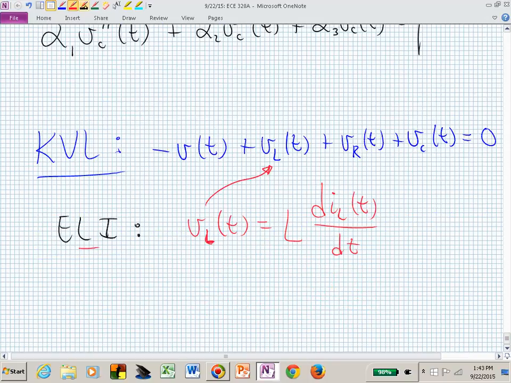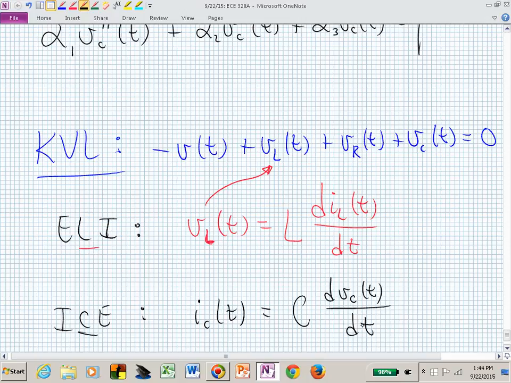What about Ice? Again, this gives us the capacitor's current voltage relationship. We have the capacitor current, I sub C of t, is equal to C dV sub C of t dt. And somehow we want to use that to get rid of currents, or we want to write this as a second order differential equation at some point.